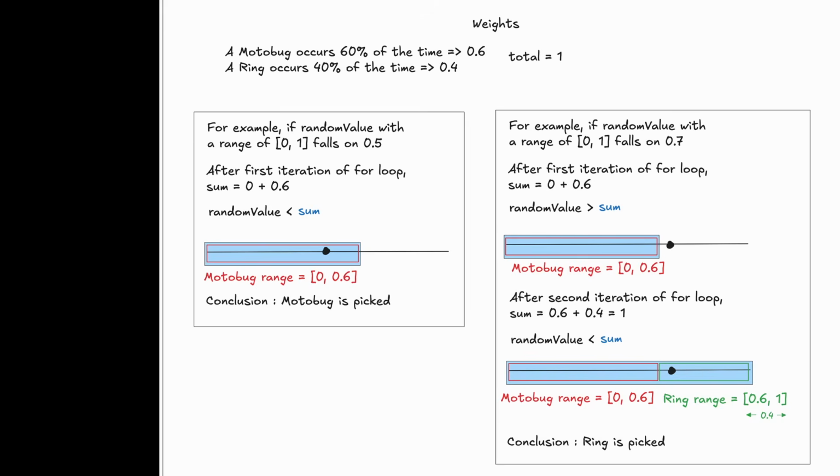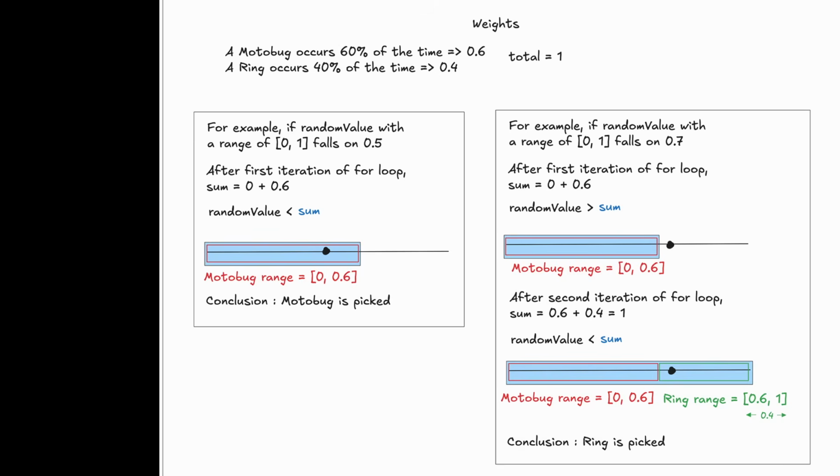So after the second iteration of the for loop, we now have the weight of the ring, which is 0.4, and now the sum is going to be 0.6 plus 0.4, which is going to be 1. So it covers the full range of possible values.